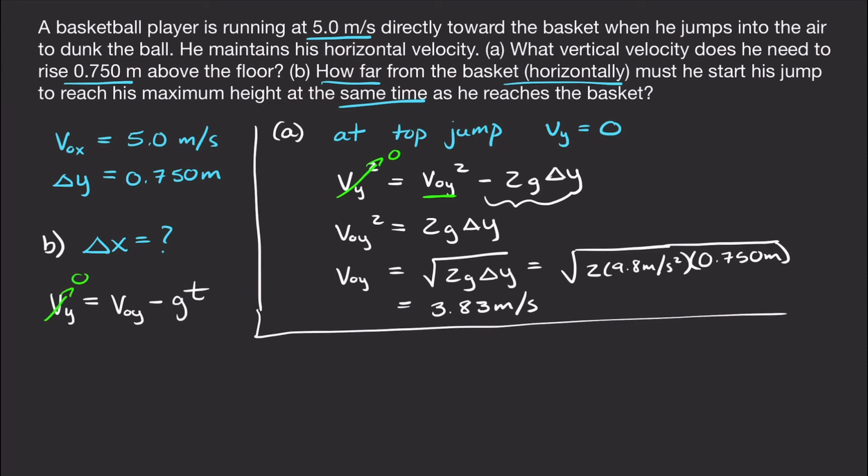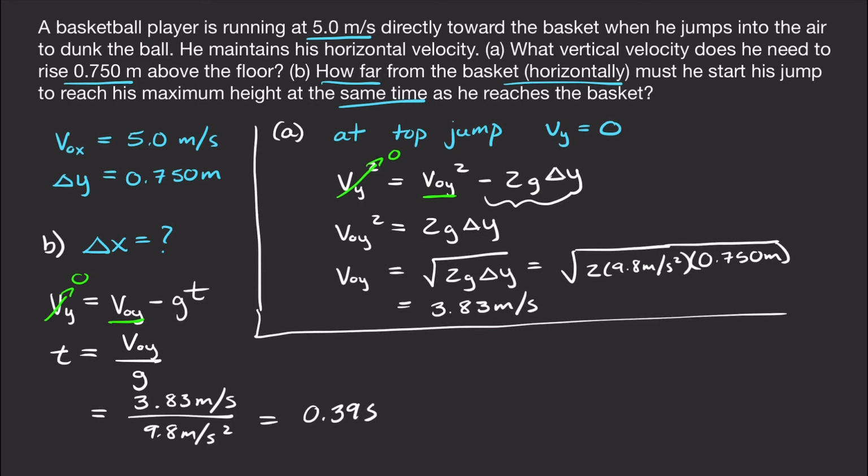And I just found V naught y, so I can find t, in this case t to max height, just by rearranging. So if I move minus gt to the other side and divide by g, I get my expression for time. And so I'll plug in my 3.83 meters per second that I just found, divide by 9.8 meters per second squared, and I find he's in the air for 0.39 seconds.